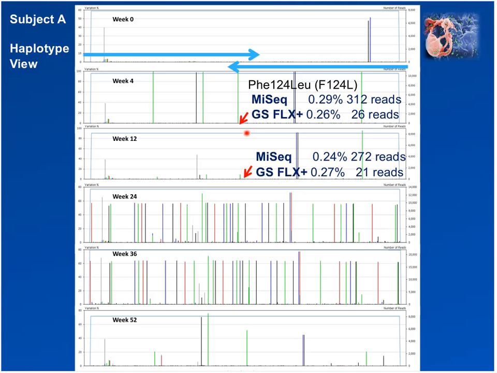At the next time point, you can see the data here. So noteworthy is that even at the very low end of the variant frequency range, one possible advantage with the MiSeq is that we are able to feel more confident about variant frequencies obtained when we have many reads representing that variant.